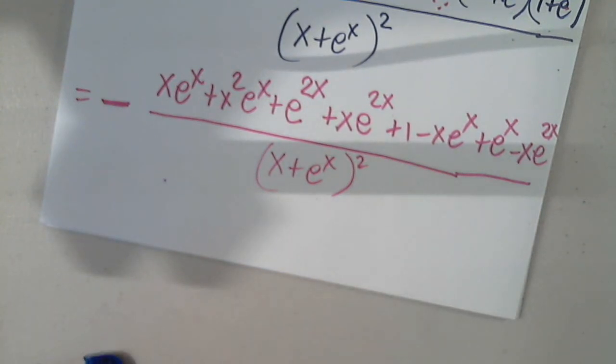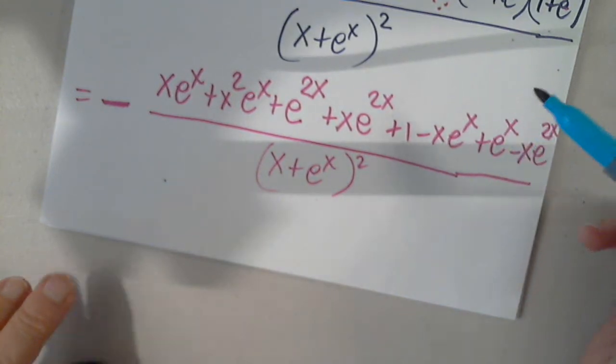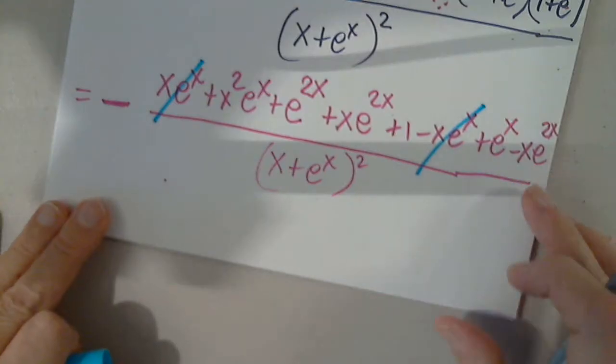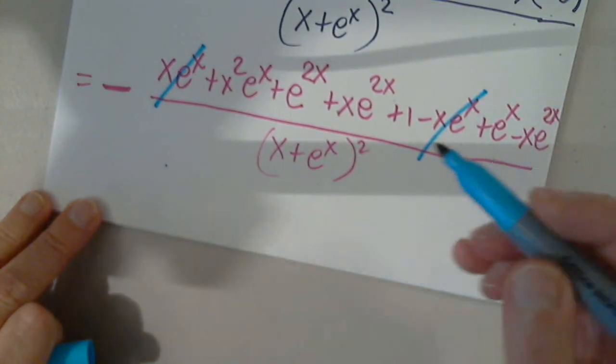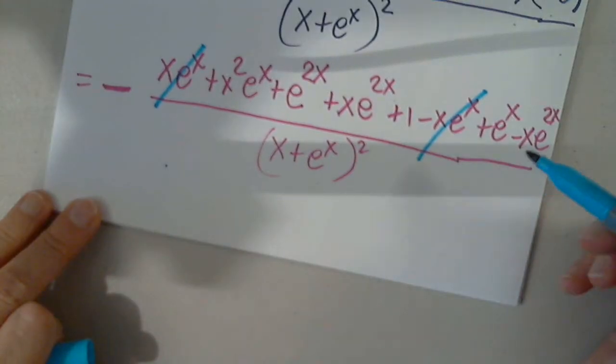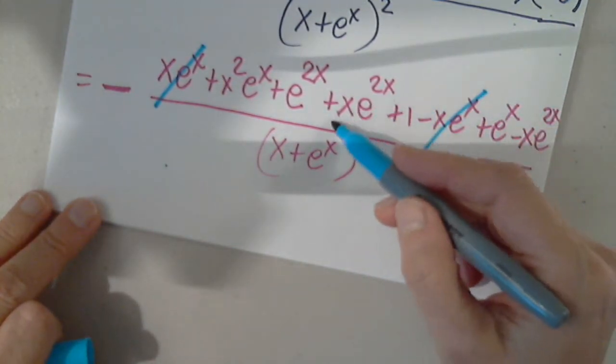I'm hoping that we can get rid of something, anything, really. Let's see. x e to the x and negative x e to the x. At least something. x e to 2x negative and x e to 2x positive, yes.